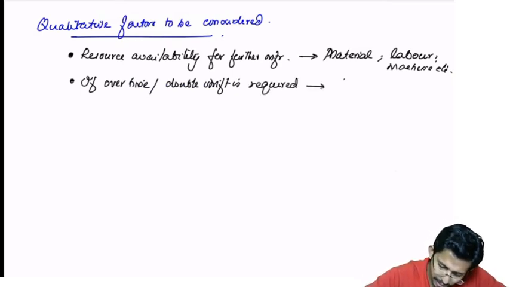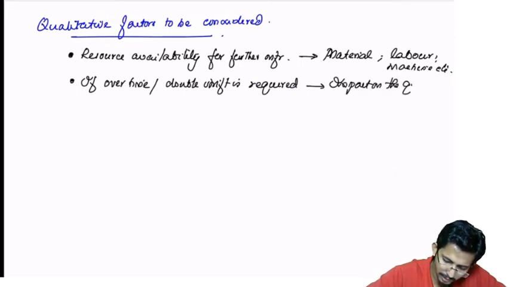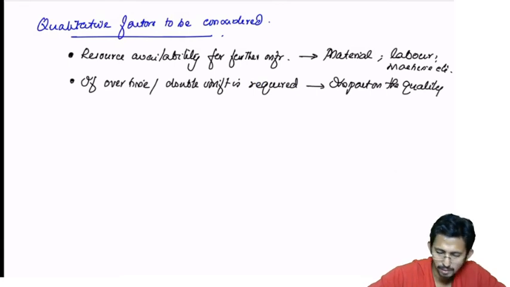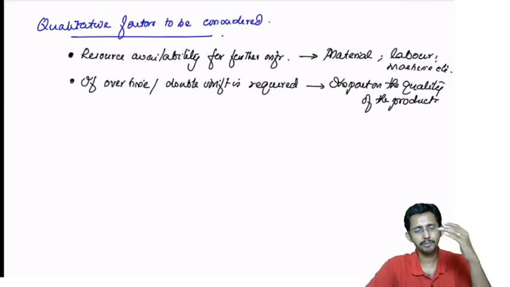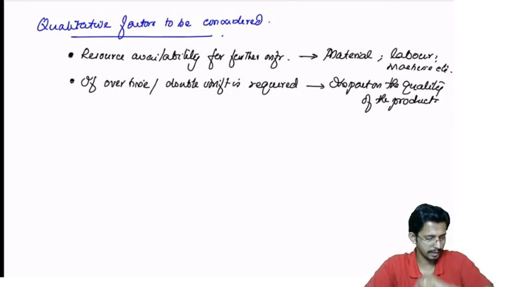then what do you have to see? Impact on the quality of the products, because the same employees are going to do overtime, their efficiency and due to which effectiveness will come down, so the quality may be affected.